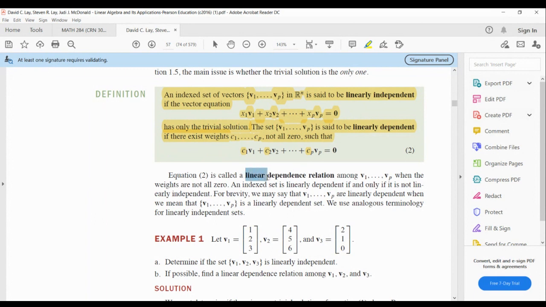Equation 2 is called a linear dependence relationship among the set of vectors when the weights are not all 0. Okay. Are there any questions on that definition?